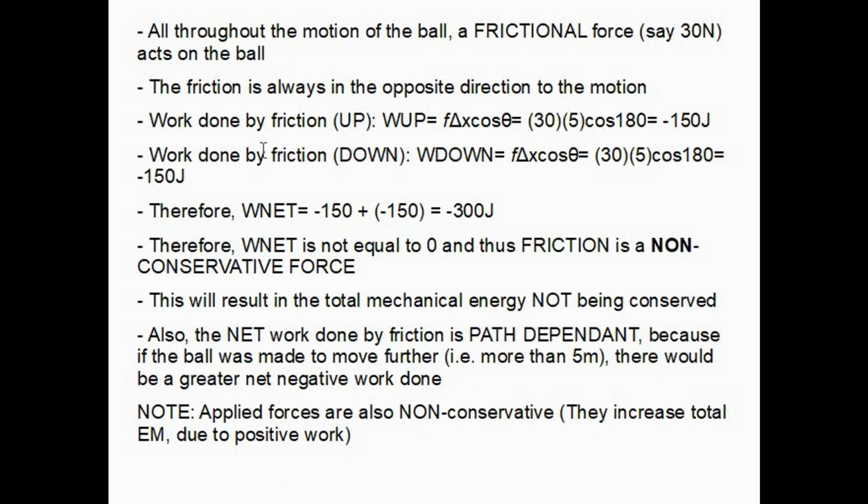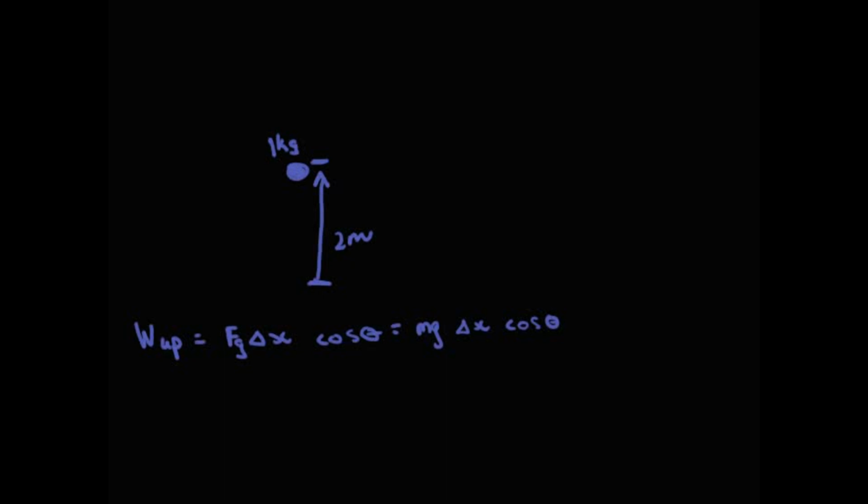So what have we learned so far out of these notes? This is what we've learned so far. Let's just get a clean board here. We know that the gravitational force is a conservative force.